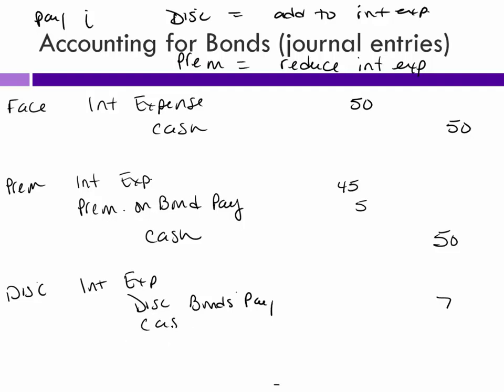I still have to pay cash of $50. So now my debit to interest expense is actually $57. It's higher. So if it's a premium, the interest expense will be less than the cash, and if it's a discount, the interest expense is going to be more than the cash.